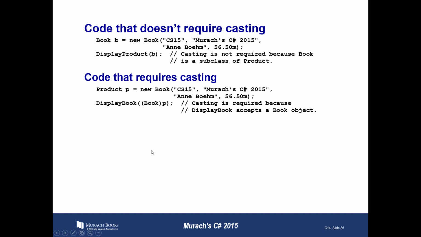On the other hand, if we say Product P, and we do the same kind of thing, again, product code, product description, author name, price. Now, when we call display book, and display book needs a book object, so we have to cast our product as a book object. Otherwise, you're going to get an error, because technically product doesn't know anything about display book.